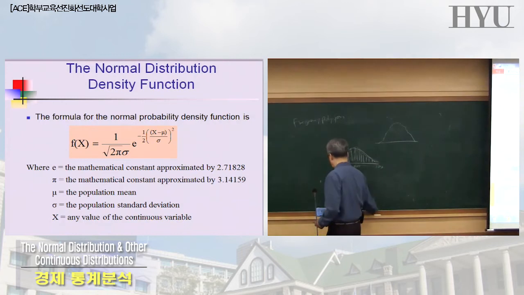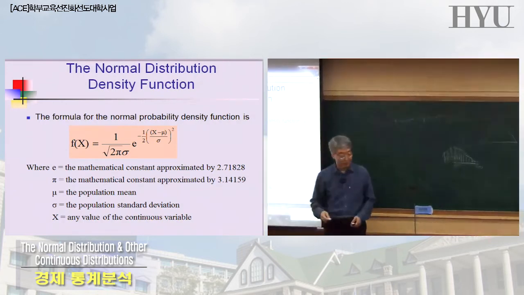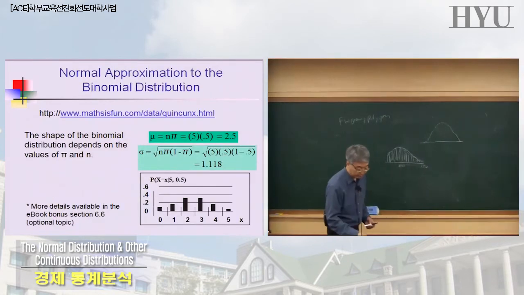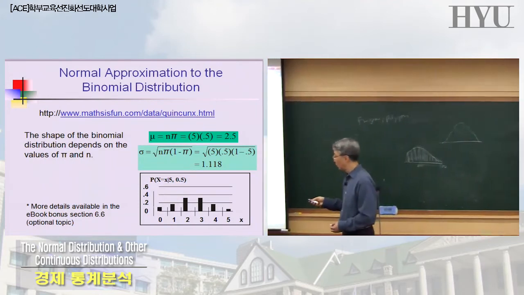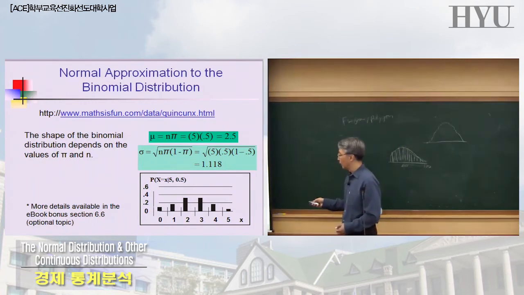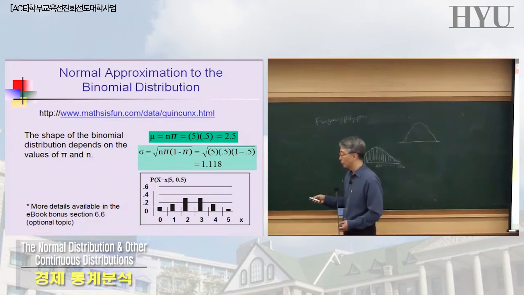So just like binomial probability, we had this situation. Here we talked about the probability of the random variable x being a certain specific value, for example 3, given that we have 5 trials and the probability of success in each trial was 0.5.